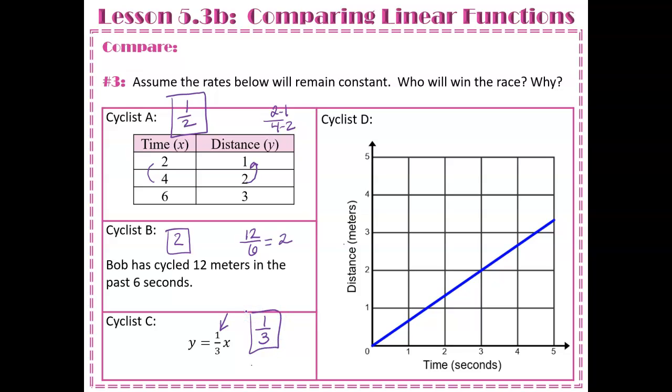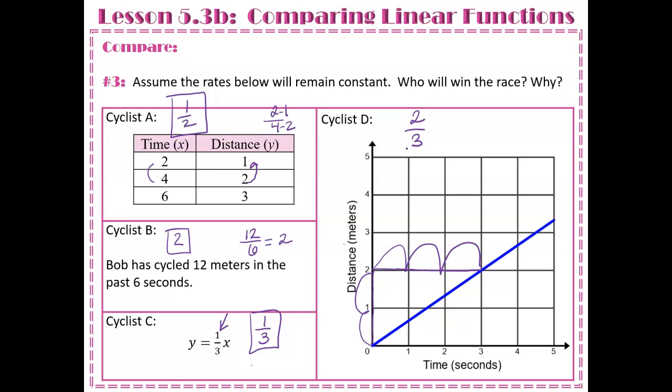And cyclist D, we need to look at the graph and draw our triangle. So if we use rise over run, we're going to go up 2 meters in 1, 2, 3 seconds. So we have 1/2, 2, 1/3, and 2/3.